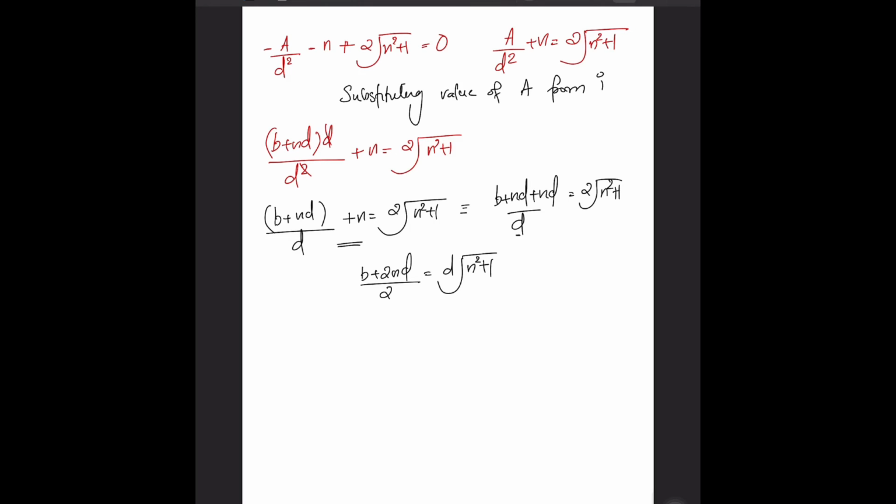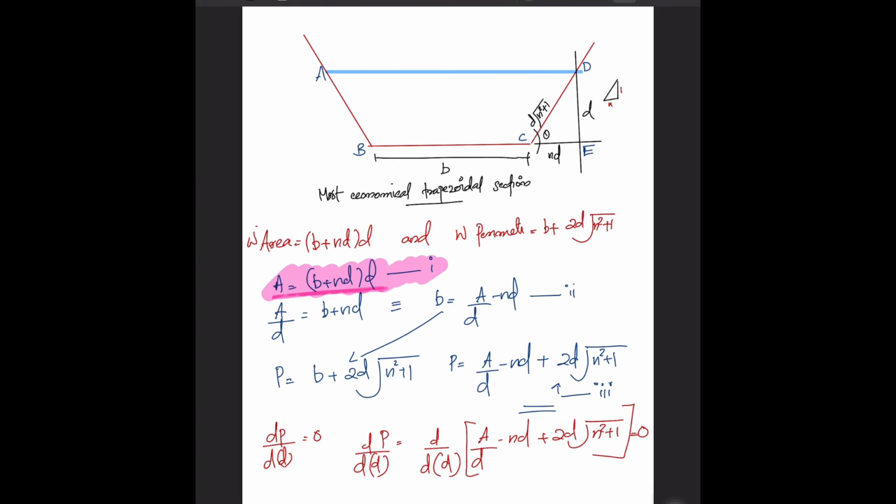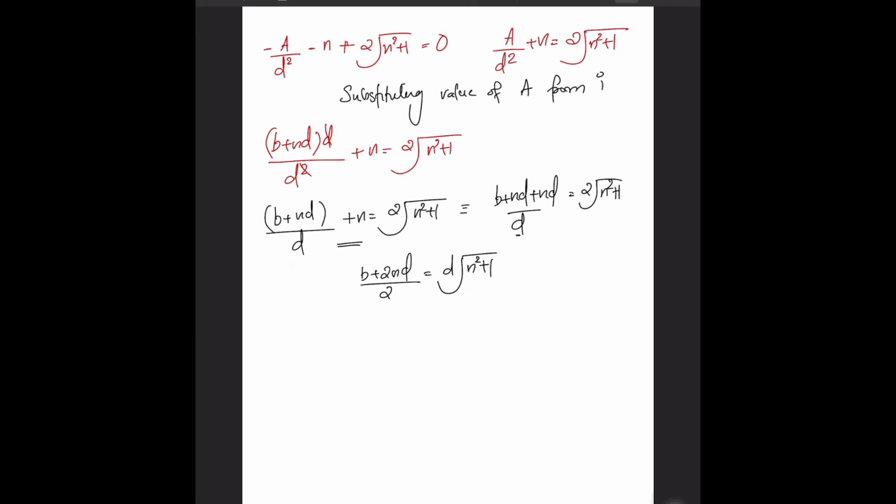So this is the first condition. Let us see what b plus 2nd is. b, nd, nd. So b plus 2nd is the top width.